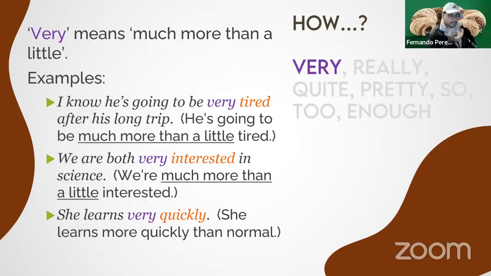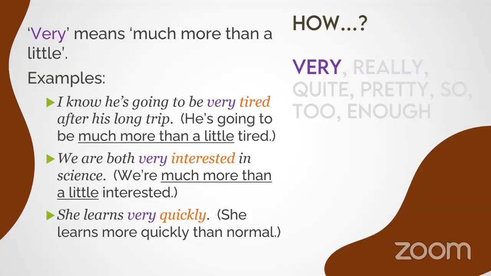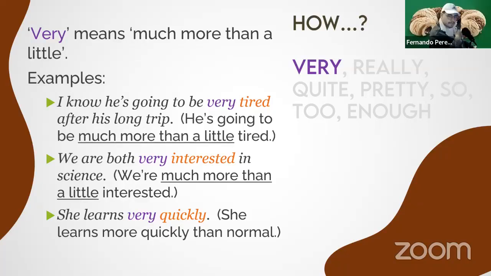So the last one, help me, Val. She learns very quickly. She learns more quickly than normal. Exactly. So technically the word very puts an emphasis on a description or a comparison. The normal is this, but this thing is very, it's a comparison.